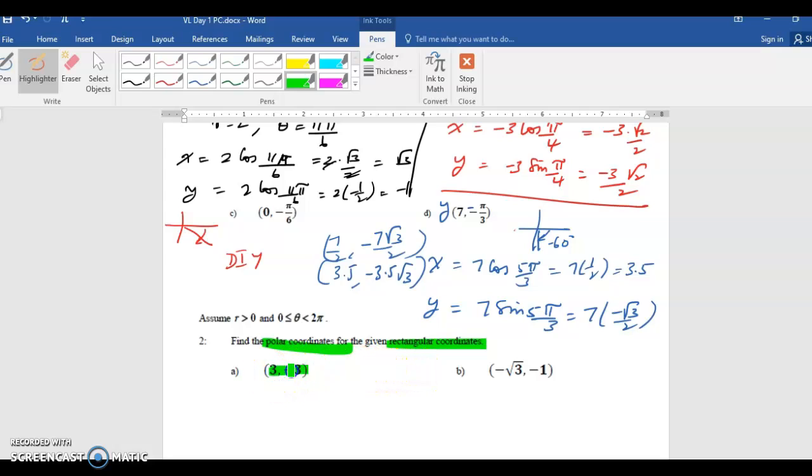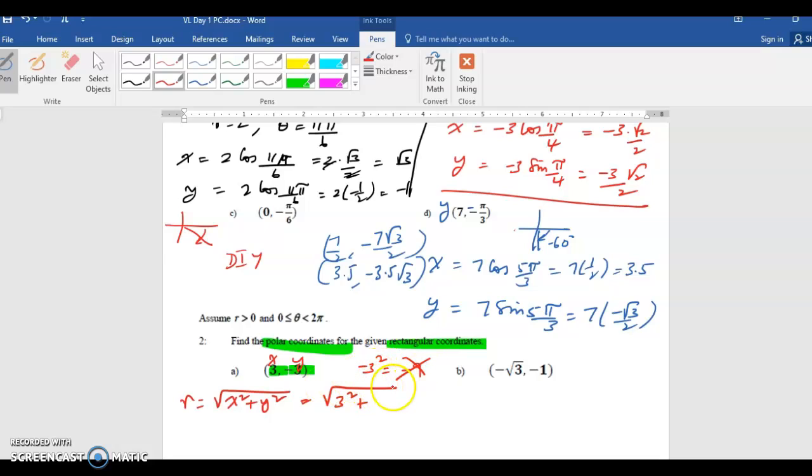So this is x and this is y, that's what it means. So we are given x and y, and we know pretty well that r is square root of x squared plus y squared. So we would actually use the formula. Please leave the negative inside the bracket because normally people make a mistake. They write it this way and think it is negative 9. It's not so.